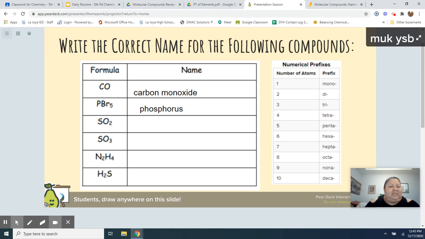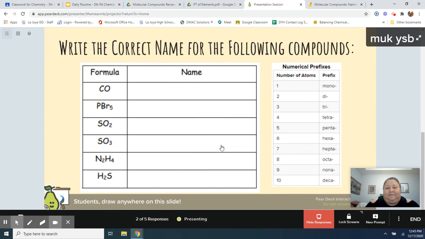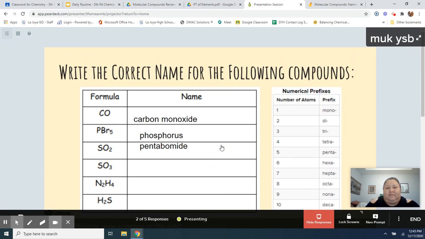All right. Melissa already typed in that the first element is called phosphorus. The second element is called bromine, but she's going to change the ending and put bromide, right, Mel? Bromide. Ended in ide, mija.